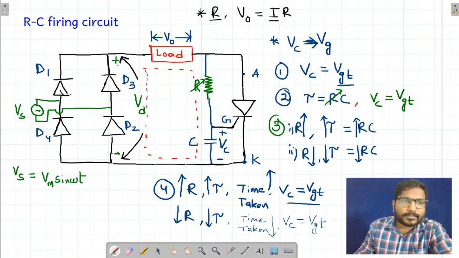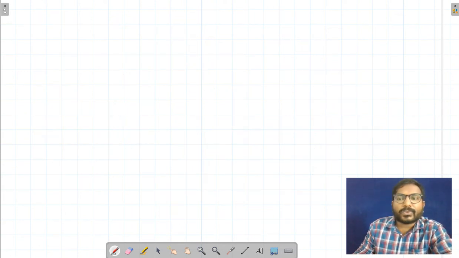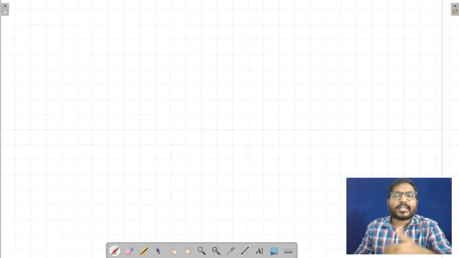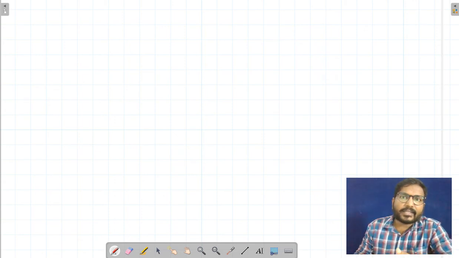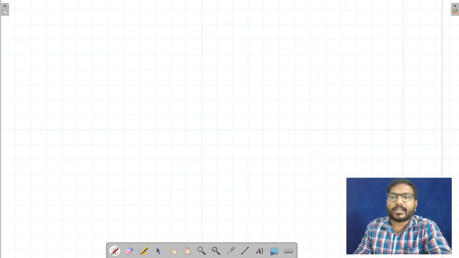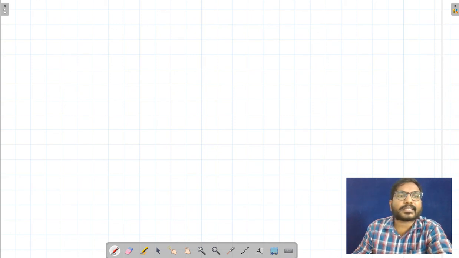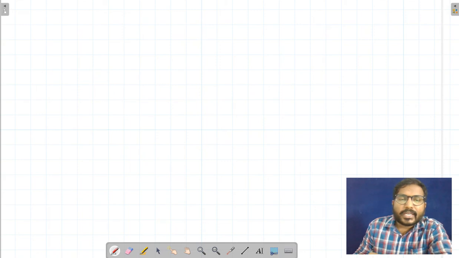So further, we need to understand this clearly by drawing the graphs. Whatever theoretical discussion happened here, coming to the graphical representation, this concept has two cases: when R is more, and when R is less in the charging path.